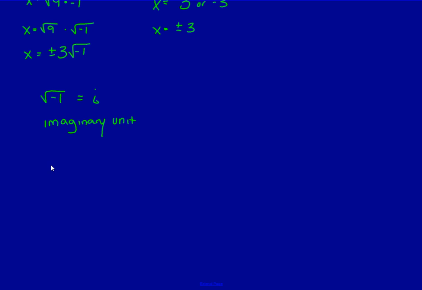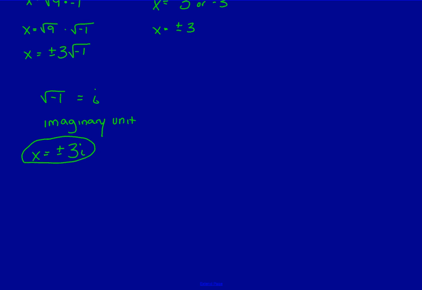So another thing that we can get from this, and we'll use it later, is that i squared is negative 1. But whenever you see the negative 1 or a negative symbol under a radical now, you can just write down i, because the square root of negative 1 is i. So our final answer here is going to be x equals plus or minus 3i. And that is our answer.